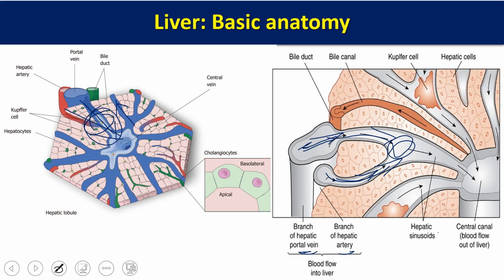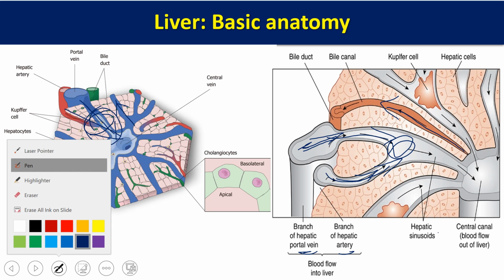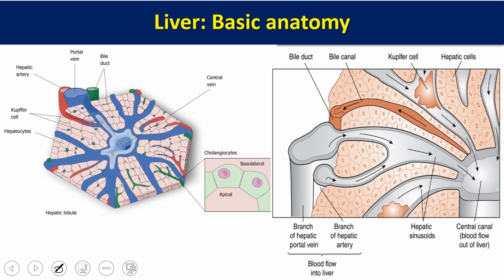The bile duct normally collects all the secretions, and the flow in the bile duct is away from the center. Sinusoids are a place where both the artery and the portal vein are going to merge. So here we have endothelial cells. These endothelial cells have a specific property that is called fenestrated.